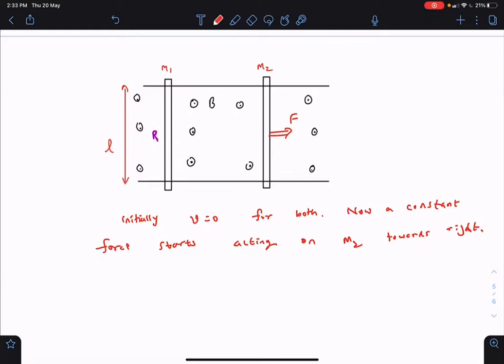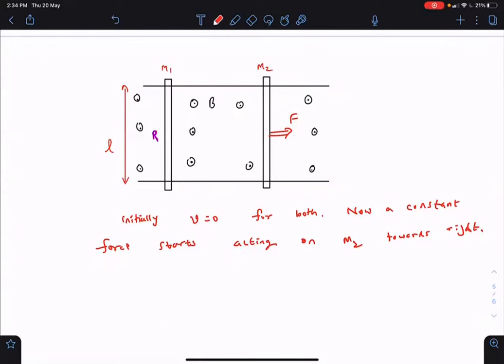Sir, first M2 will start moving, and M1 also gets a little force due to the induction. Okay. Then after some time, again they get the same velocity, I think. That same velocity is possible, the force F will be cancelled by the induced force.